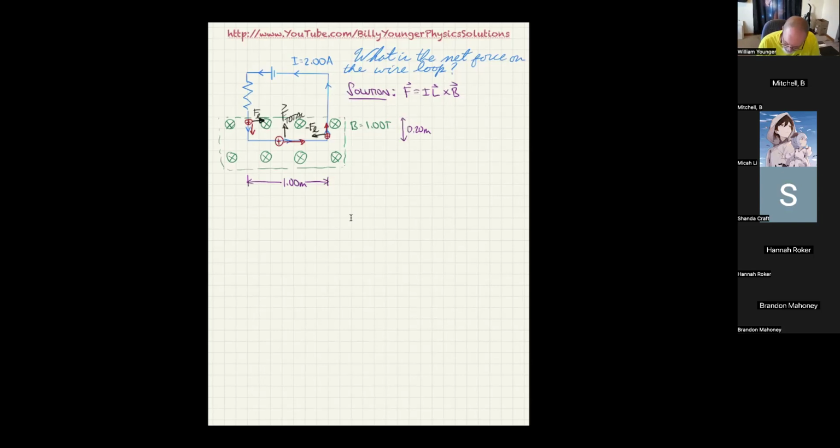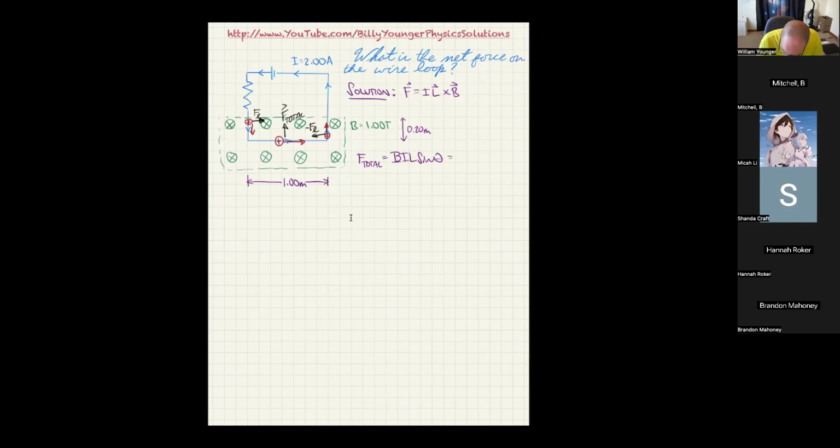Now it's just a matter of calculating it. So F total should be equal to, well, I can do it like I did before, B I L sine theta. We see that the B points into the page and the L points to the right. They're clearly 90 degrees apart.